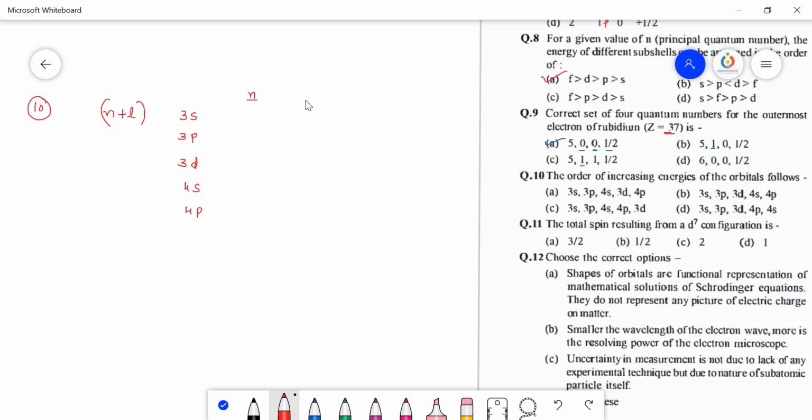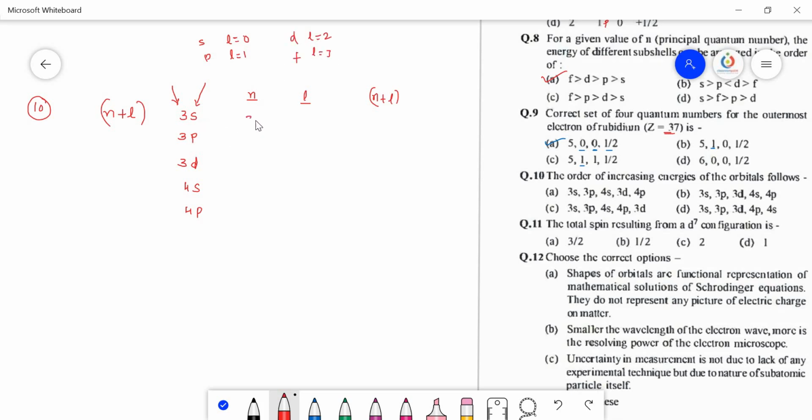Let's write down the n value, L value and n plus L value. So n value is always the starting number, and this is about the L value. For s orbital, L equals to 0, and L equals to 1 means that is p orbital, and L equals to 2 means d orbital, L equals to 3 means f orbital.